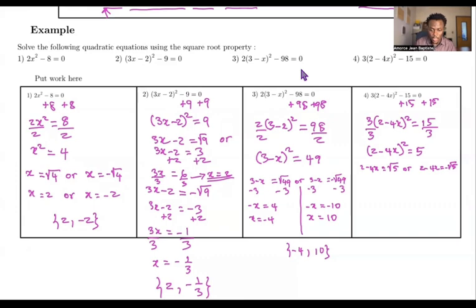And now we can subtract 2 on both sides. Negative 4x equals negative 2 plus square root of 5, or subtract 2 on both sides of the other equation as well. Negative 4x equals negative 2 minus square root of 5.